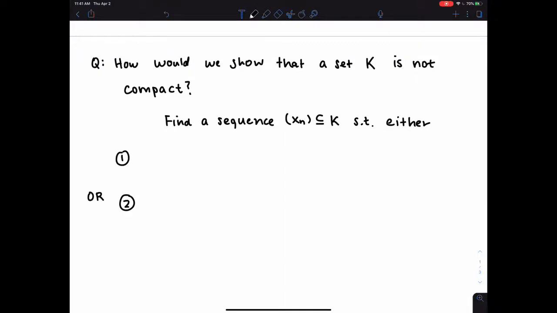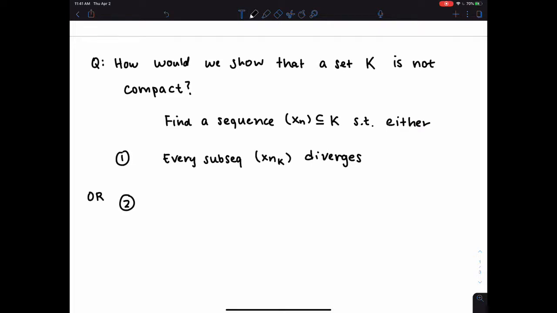So either it's got a sequence such that every subsequence Xnk diverges, meaning Xn doesn't have a convergent subsequence. That would be one way to fail the statement.